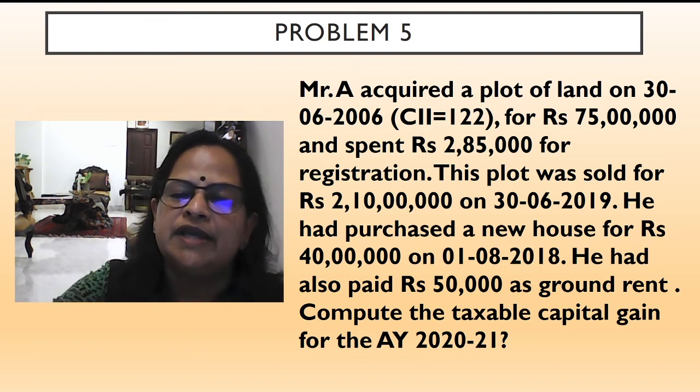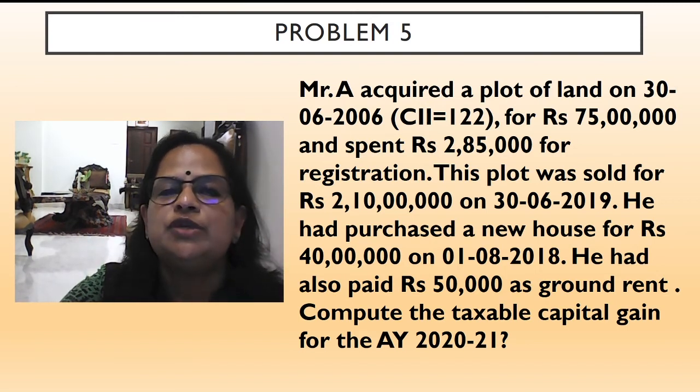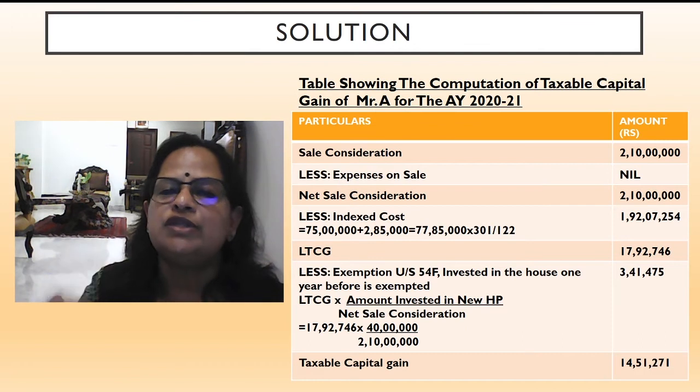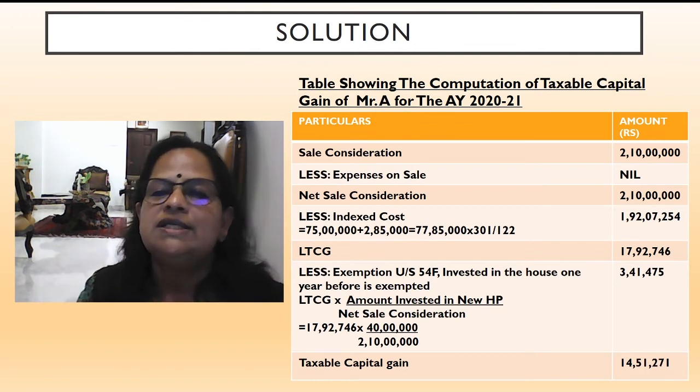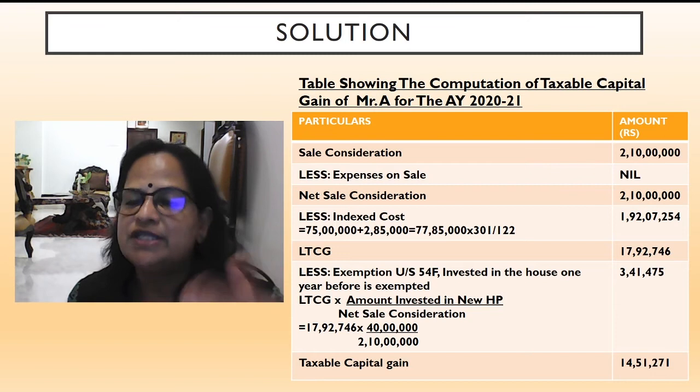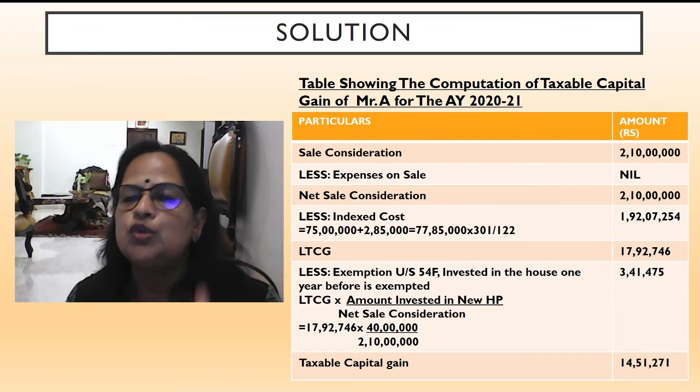Compute the taxable capital gain for the assessment year 2021. Now solution, table showing the computation of taxable capital gain of Mr. A for the assessment year 2021. Sale consideration 2 crore 10 lakhs. Less expenses on sale, it is not there, just to remember that, I am putting in the statement. Net sale consideration 2 crore 10 lakhs.